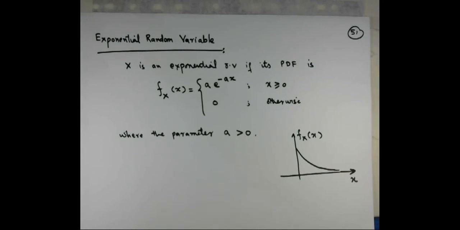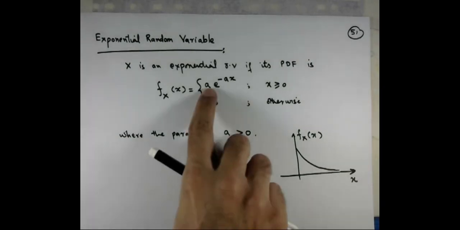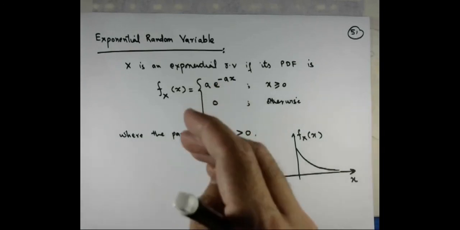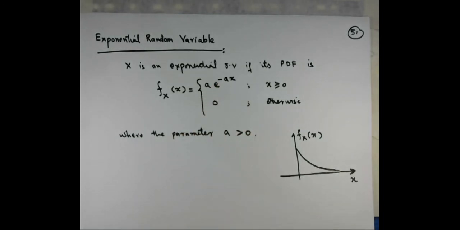Then you will understand how a is responsible, both here as well as here, for the decline of the distribution.